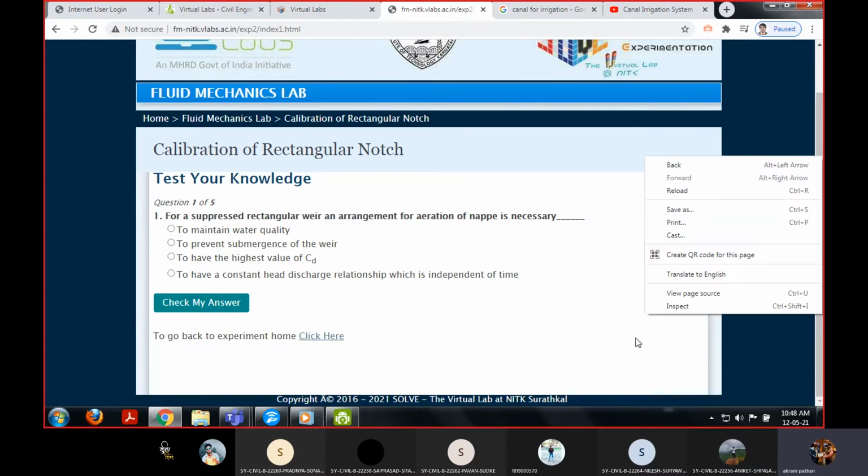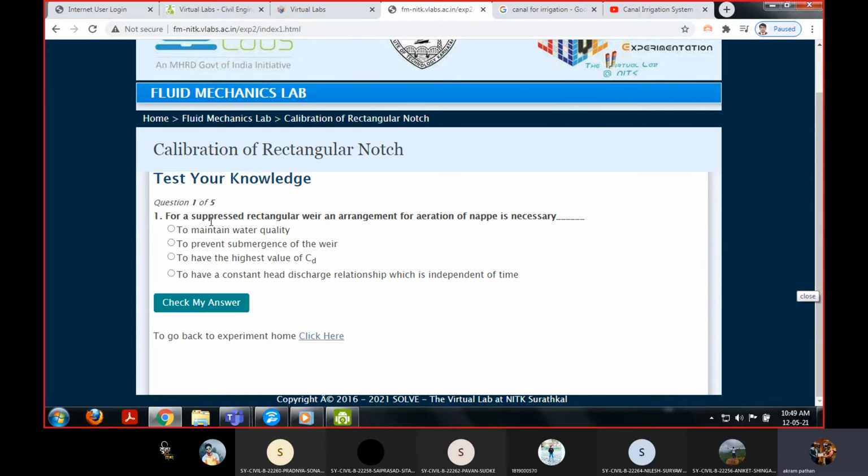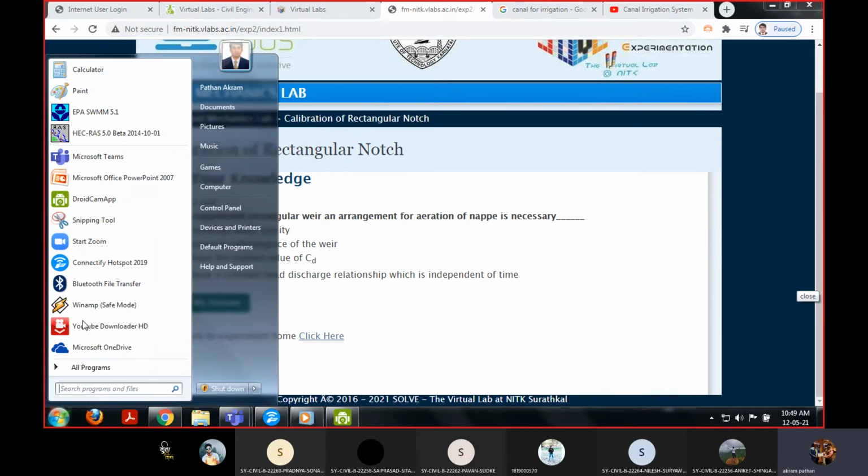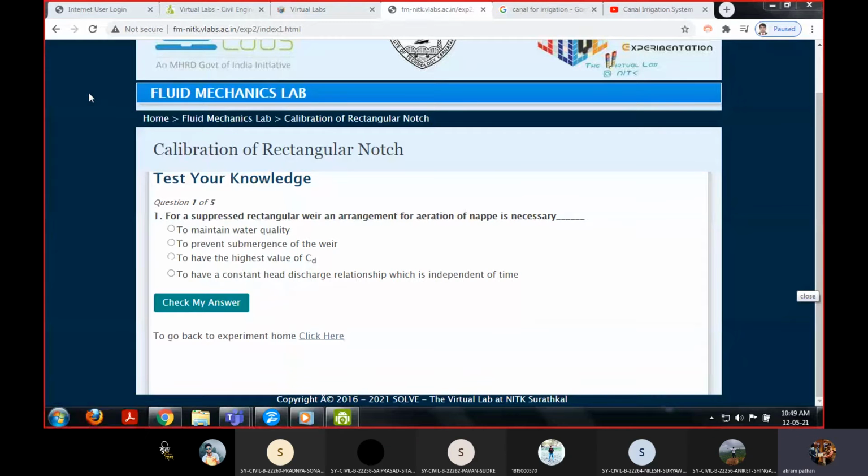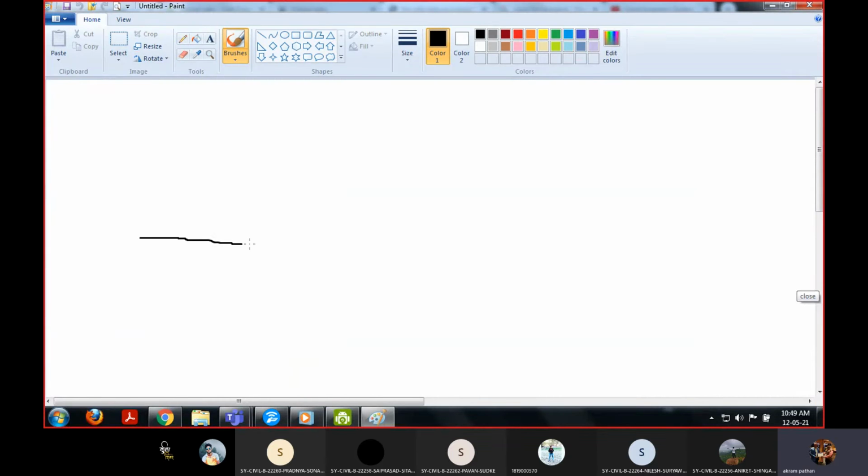Okay. So that is the correct answer, because for a suppressed rectangular weir, an arrangement for aeration of nappe is necessary. What do you mean by aeration of nappe? Nappe means the jet. For example, I am going to explain this. So we have this weir, and this is the crest level.